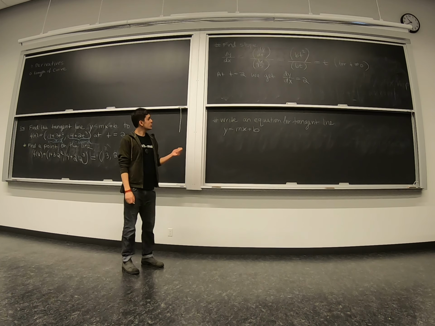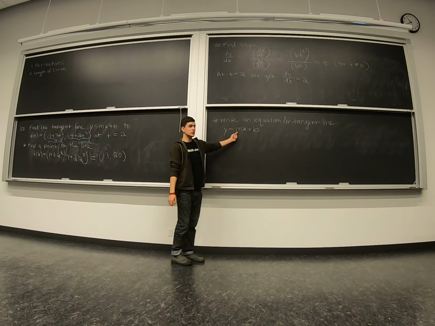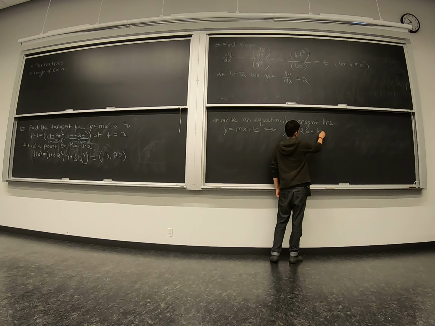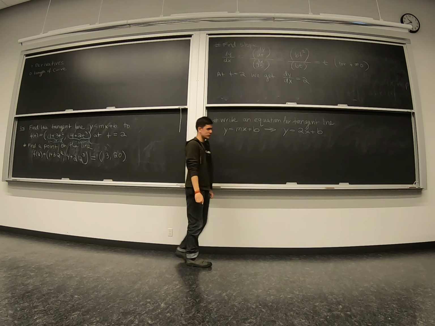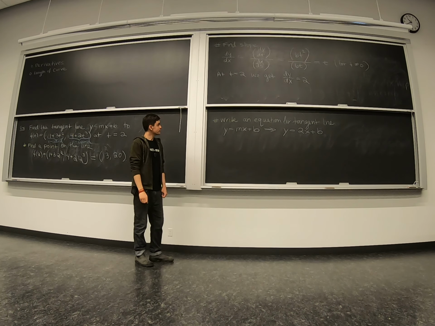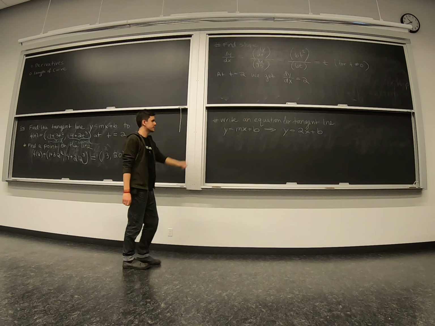We know that our slope m is 2, from our derivative calculation. Now we have to find the y-intercept, the value of b.